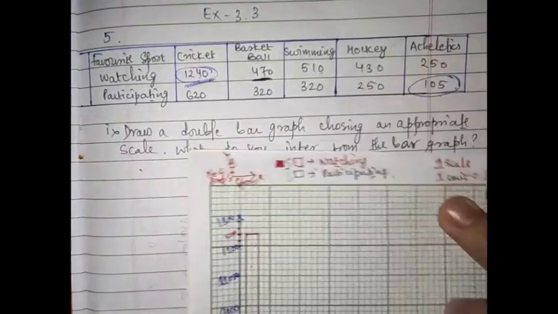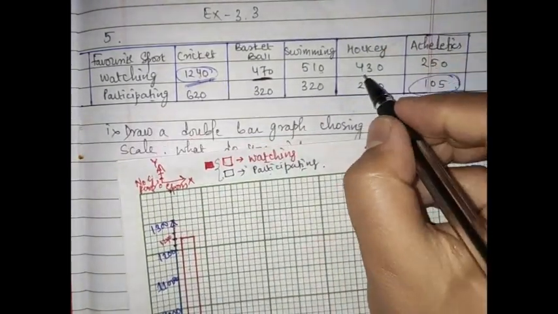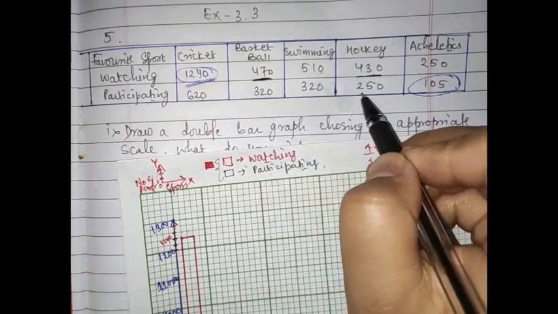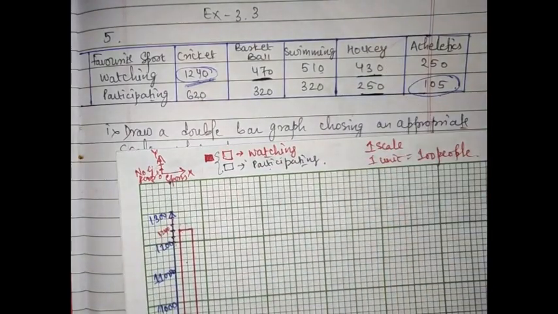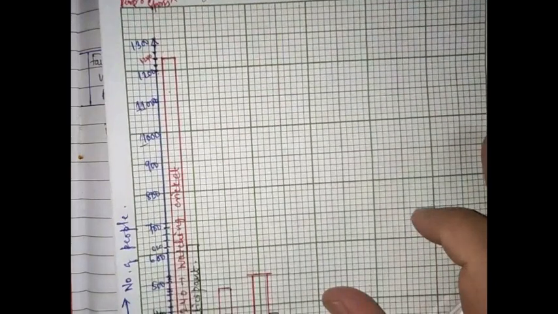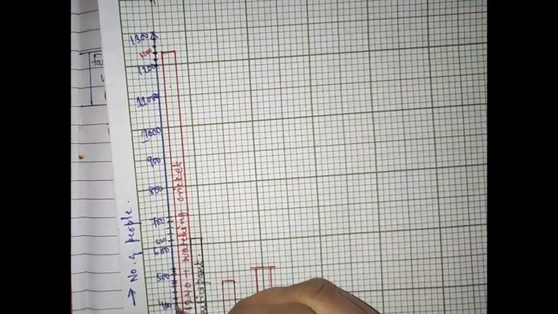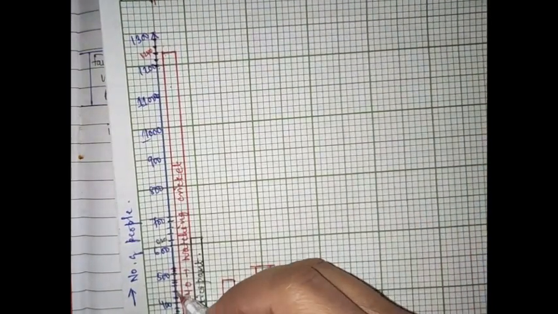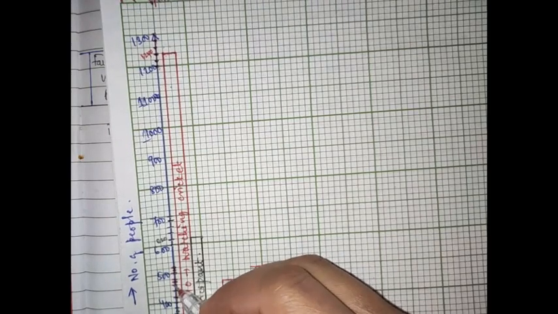So next is hockey. 430 are watching and 250 are participating. So 450, where is your 450? 450 is between 420, 440, and here comes 460. So it should be in between over here, right?